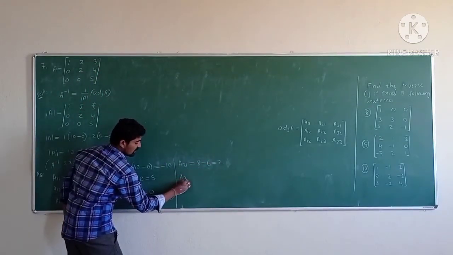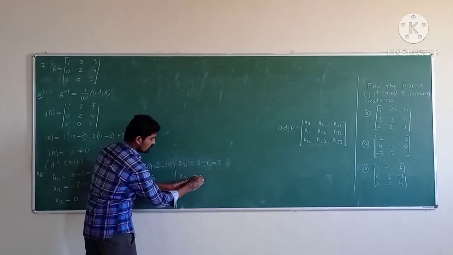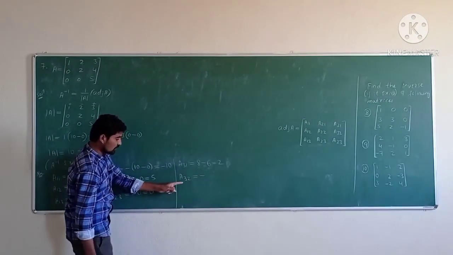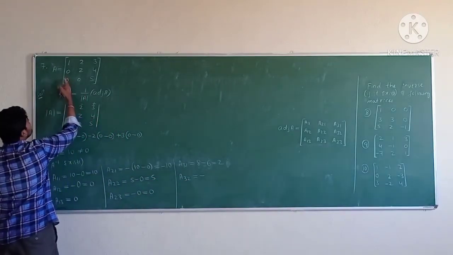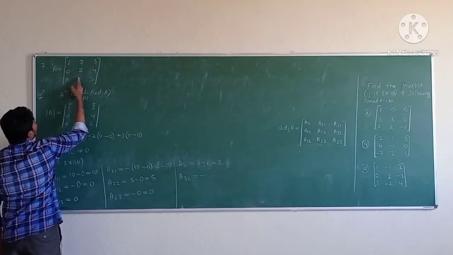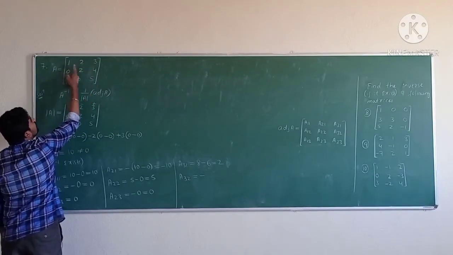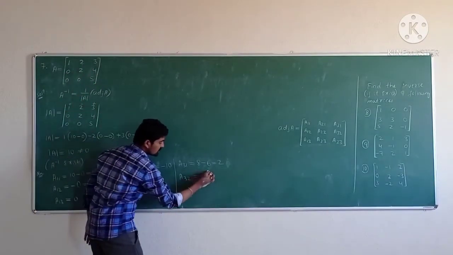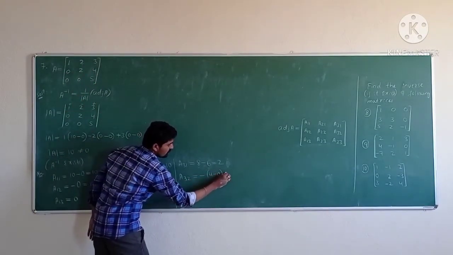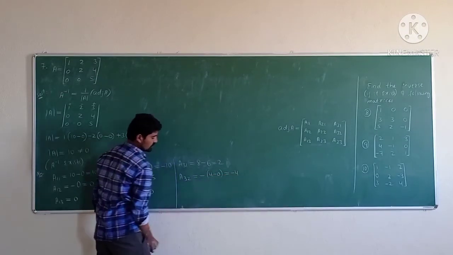Next A32, 3 plus 2 is odd, therefore multiply by minus, and it is obtained by deleting the third row, second column. After deleting this third row, second column, remaining elements 1, 3, 0, 4, 1 into 4 is 4, minus 0 into 3 is 0, so 4 minus 0 is 4 into minus, so minus 4.